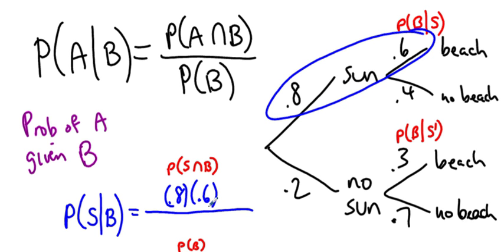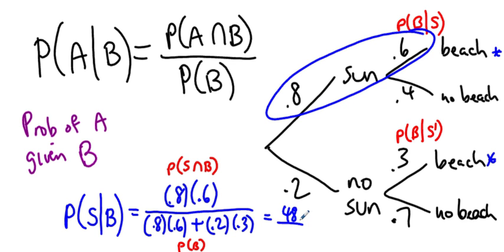Then our denominator is the probability of going to the beach. Well, we go to the beach on this branch. We also go to the beach on this branch. So not only is this part of the probability of going to the beach, but so is that. And whatever this fraction turns out to be is the probability we're looking for.